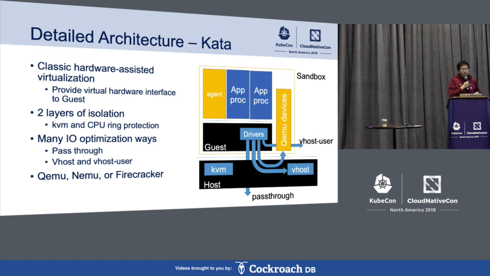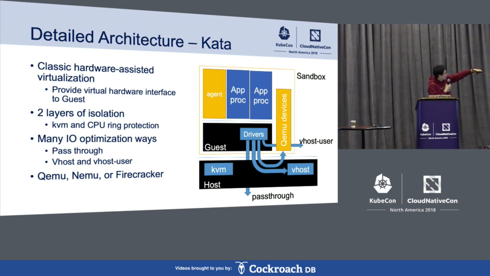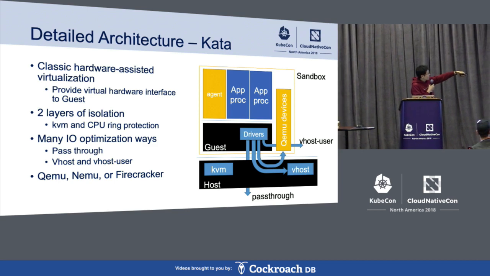For the isolation part, there are 2 layers. The bottom one is between the host and the guest, protected by the hypervisor, and the second is the ring protection between the guest kernel and the container applications. So 2 levels of isolation.